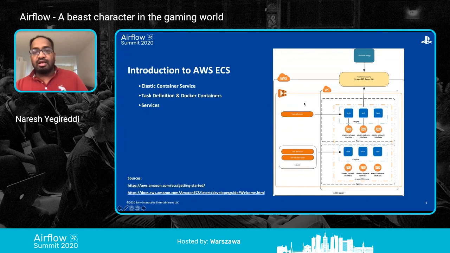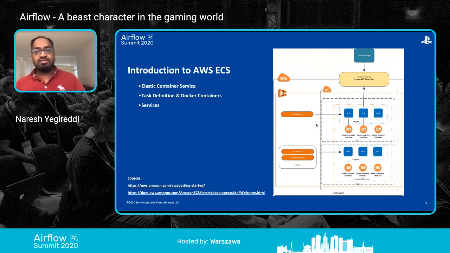For example, if you see the side diagram, this icon represents the ECS container and also the ECS cluster, and the dashed lines indicate different container instances, and in each container instance we have different tasks defined. Each task will be entitled to a specific Docker container, and that Docker container serves a purpose.